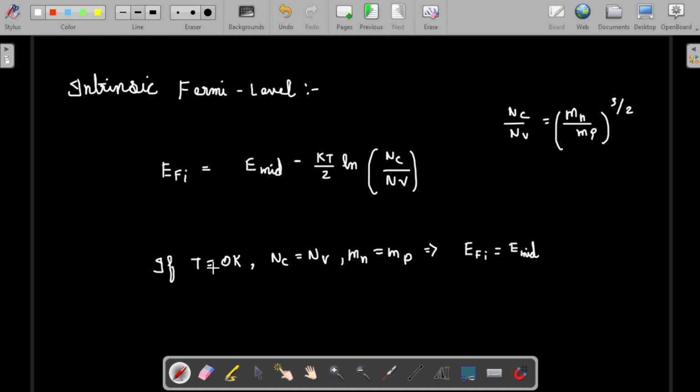This is one of the important key criteria that we have to remember: whenever T is equal to 0 Kelvin, NC is equal to NV and Mn is equal to Mp. The effective mass of electrons is equal to the effective mass of holes, and the density of states in the conduction band and the valence band are also equal. If that is the case, then our Fermi level will lie exactly at the mid. Okay, so this is intrinsic.